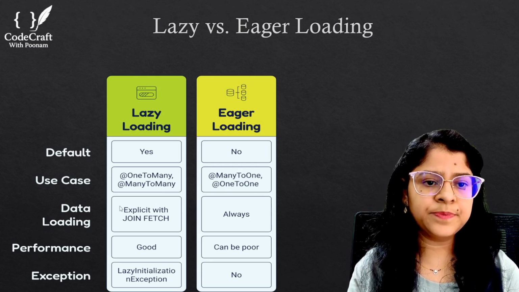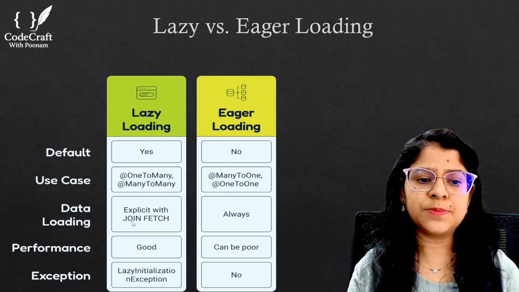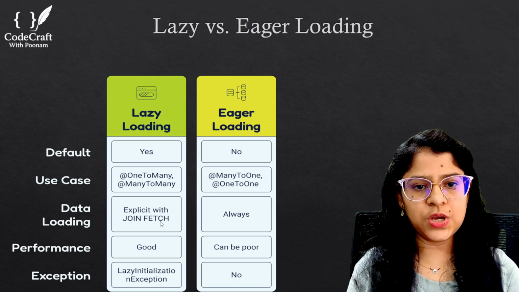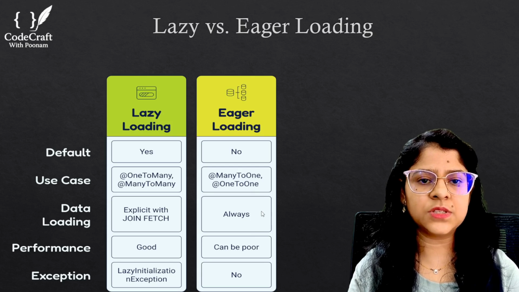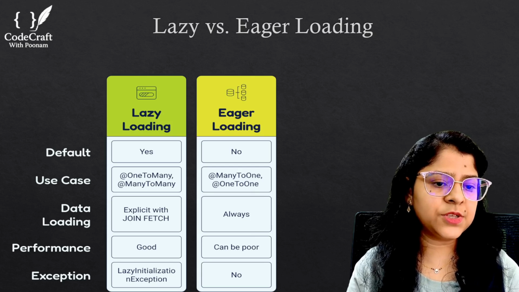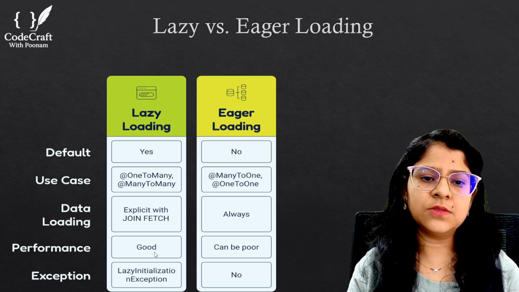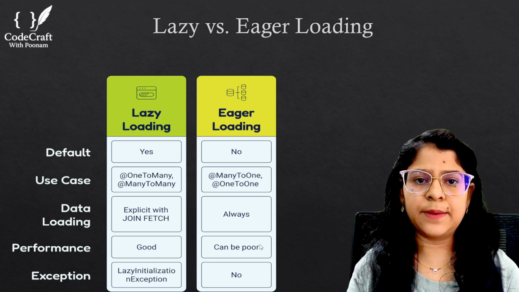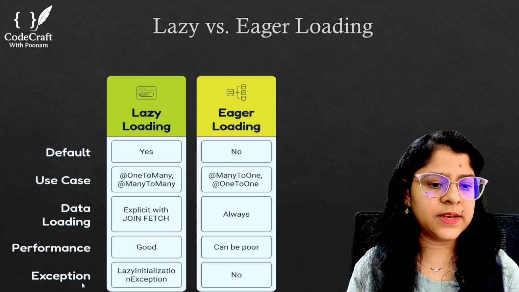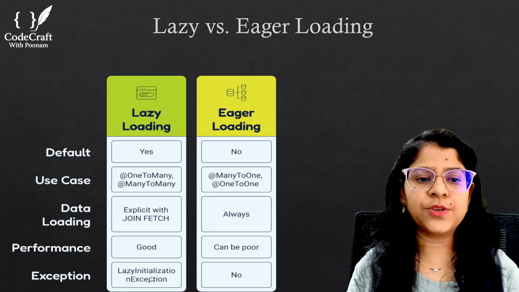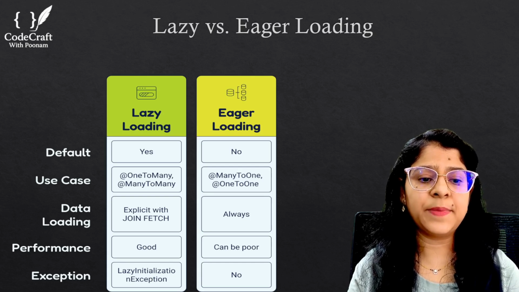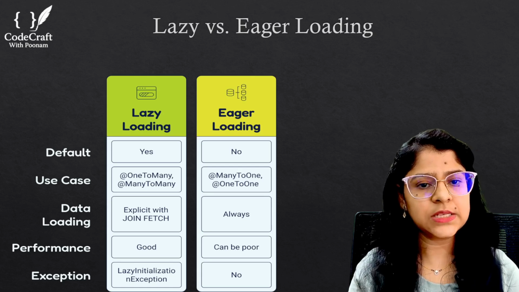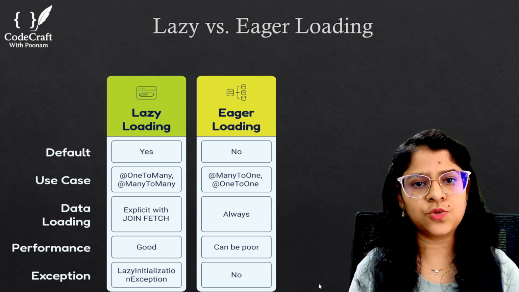Coming to data loading, for lazy loading you need to be explicit with join fetch. And eager loading always loads the data. Coming to performance, lazy loading is good, while eager loading can be poor. And then exception: if you try to access data after the session is closed, it will throw the LazyInitializationException, whereas in eager loading, it does not throw this exception.